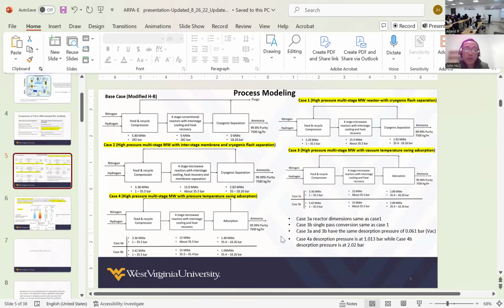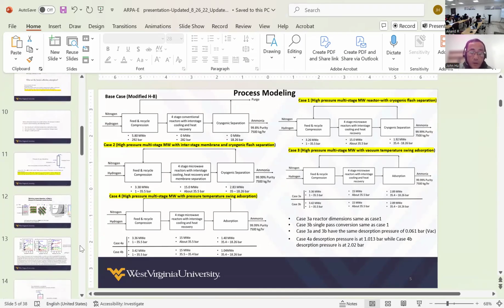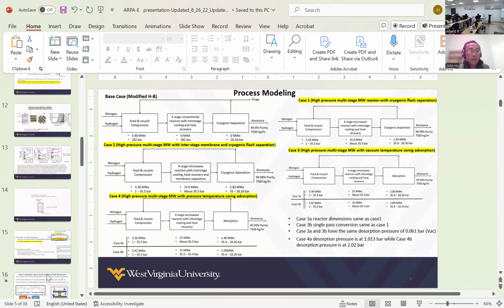I don't want to go through them, but I want to show you the result. Then we talk about techno-economic analysis and how powerful the low temperature microwave reaction combined with the low pressure separation is in all the different cases. Our baseline is Haber-Bosch.